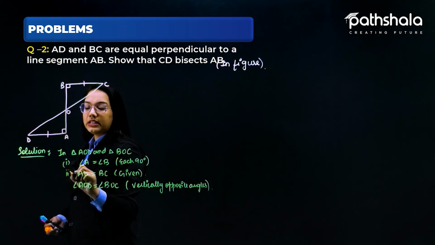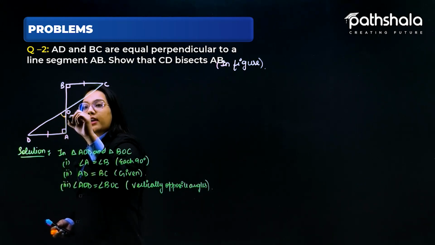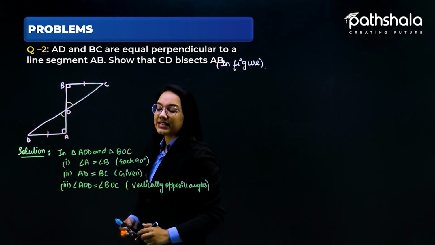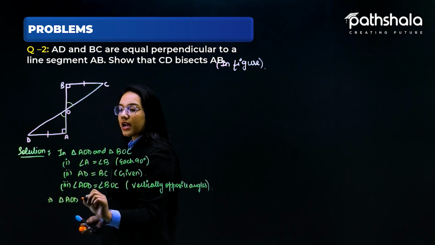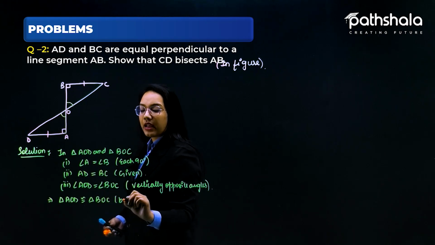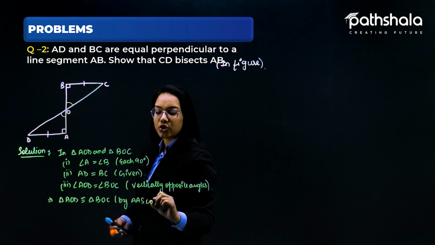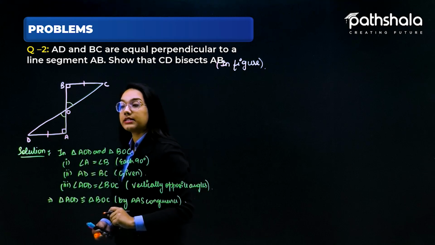So from these three things that we have, angle A is equal to angle B, we have this angle is equal to this angle, we have this side is equal to this side. So what can we say about these two triangles? That the triangle AOD is actually congruent to the triangle BOC by AAS congruence rule, angle angle side congruence rule.